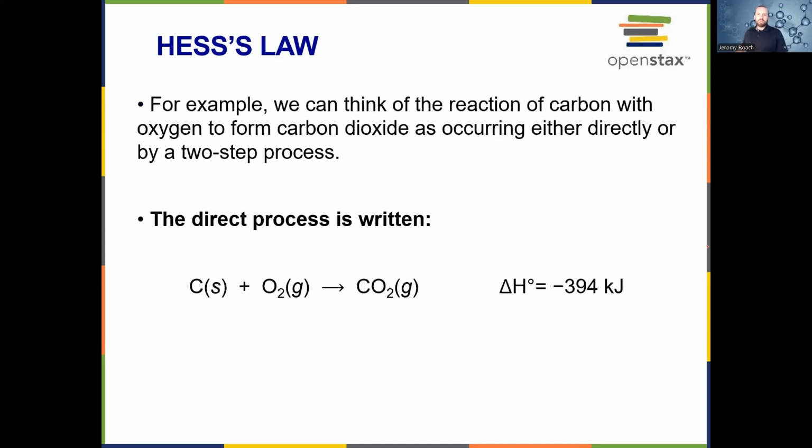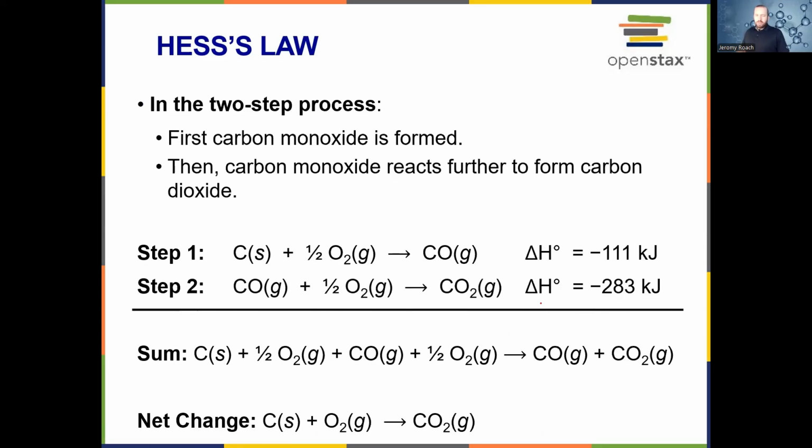For example, we can think of a reaction of carbon with oxygen to form carbon dioxide as occurring either directly or by a two-step process. We saw this earlier with the change in enthalpy of carbon dioxide as negative 394 kilojoules. But we can write this as a two-step process for the overall reaction with Hess's law.